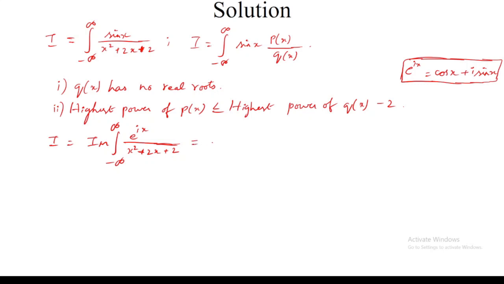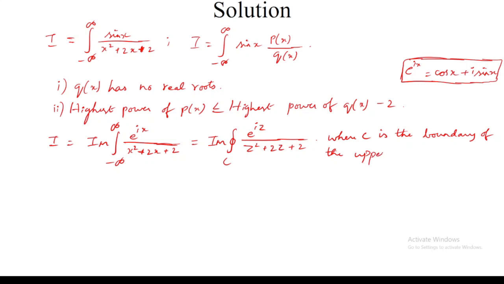So we can write the same thing as the imaginary part of the contour integration over c of e power iz divided by z square plus 2z plus 2, where c is the boundary of the upper half of the semicircle mod z equals r, where r tends to infinity.